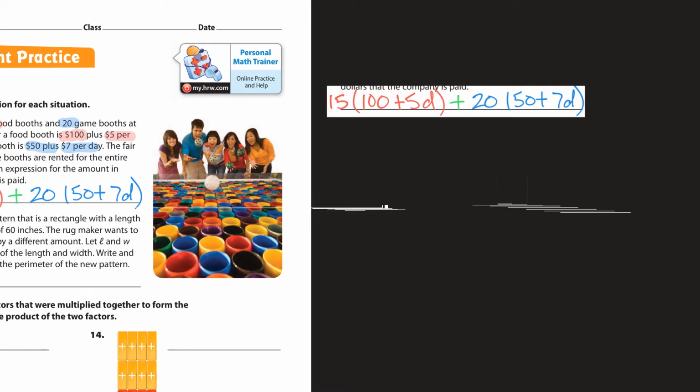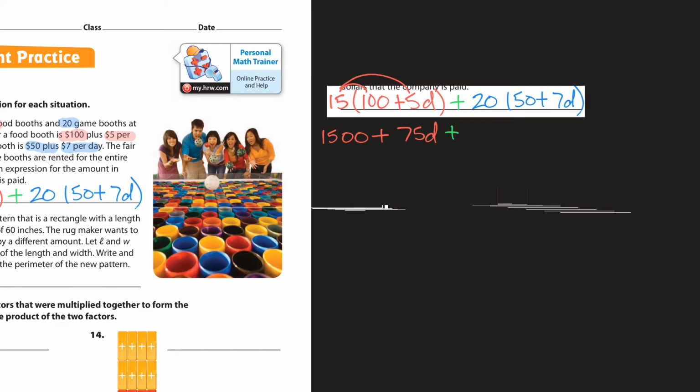I'm first going to distribute the 15. 15 times 100 is 1,500 plus 15 times 5. I believe that's 75. Let's see, 15 times 5, yeah, it should be 75D.